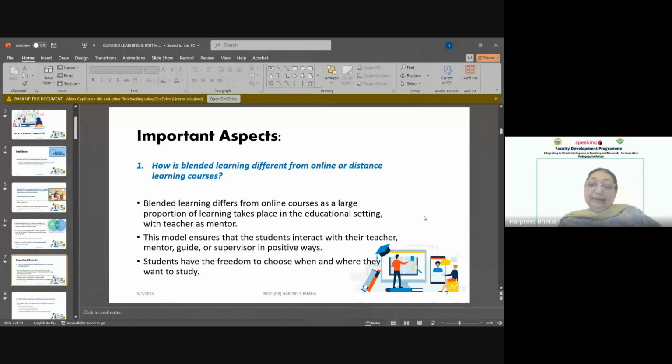So this takes the advantages of online learning, that is, all material, everything is accessible to the person, and it also takes the advantages of the offline learning method, in which you have interaction with peer group, interaction with the person who's mentoring you, your guide, supervisor.